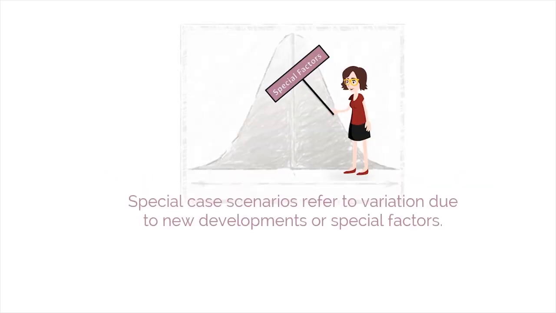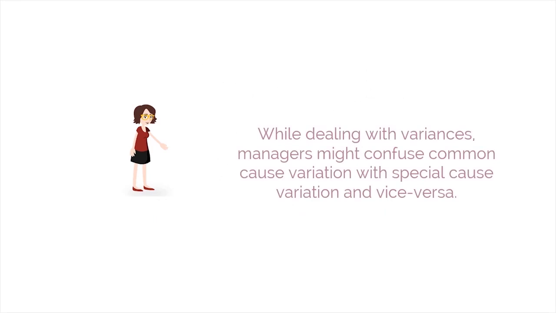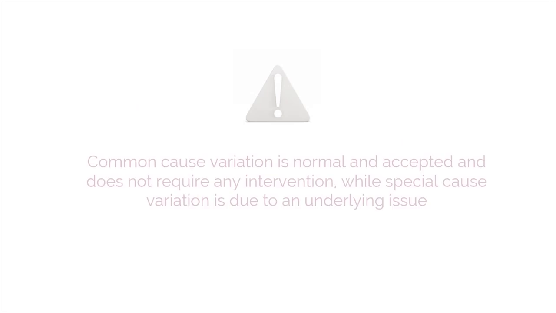Special cause scenarios refer to variation due to new developments or special factors. While dealing with variances, managers might confuse common cause variation with special cause variation and vice versa. Common cause variation is normal and accepted and does not require any intervention, while special cause variation is due to an underlying issue that needs to be addressed.